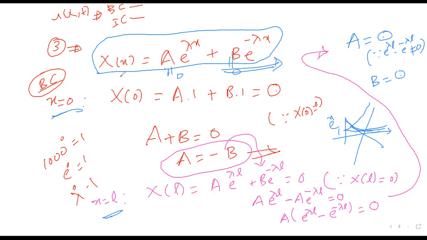So what is my x? Totally x equal to 0. If you get x equal to 0 at any point, there is no point in solving this equation. Did you understand? So I have got x equal to 0.